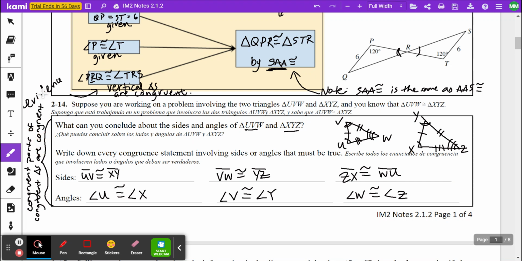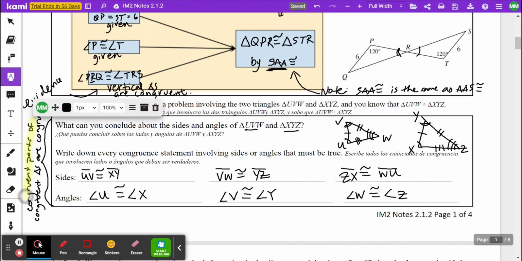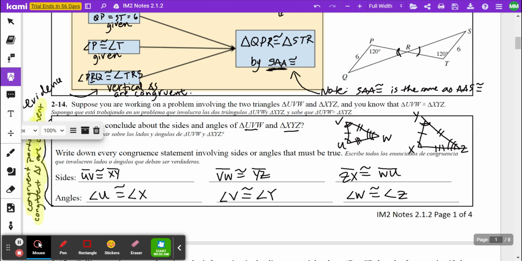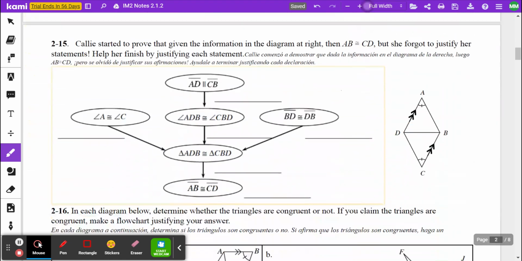I cannot stress enough how super important this is. Congruent parts of congruent triangles are congruent. It probably just feels like a natural thing to say, but we're going to use that consequence often. Let's continue.